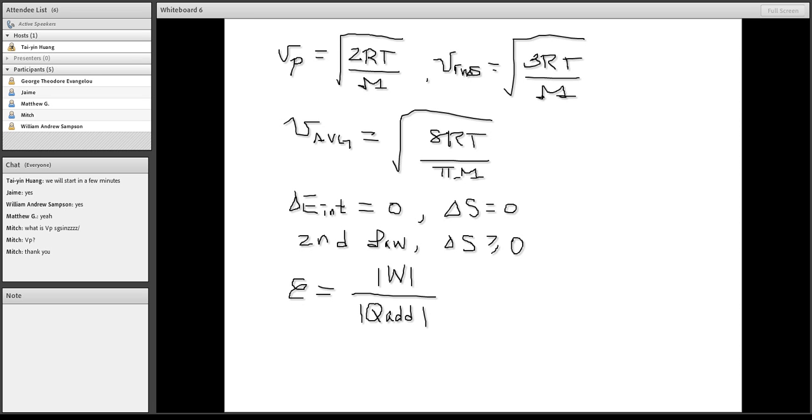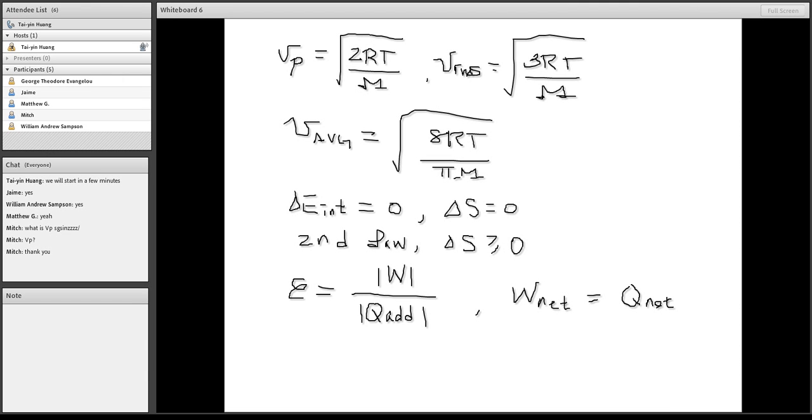Okay, so how do we calculate work? Again, when you apply the first law of thermodynamics, net work is equal to net heat, because after a cycle there's no change in internal energy. So the net heat involves positive heat and negative heat.